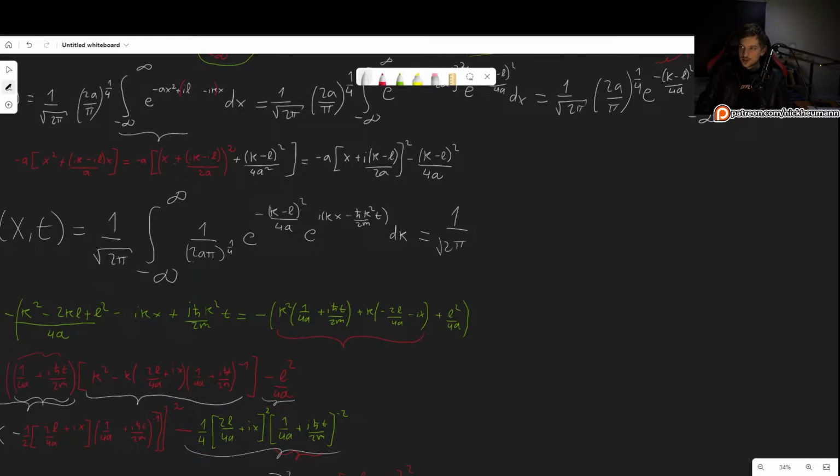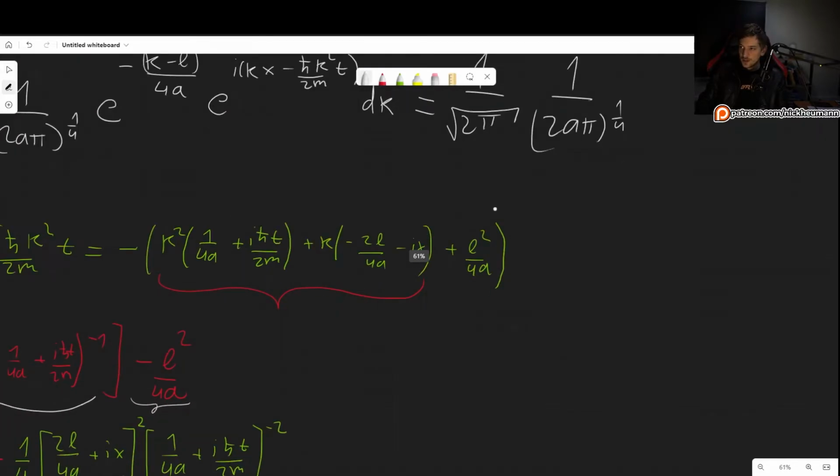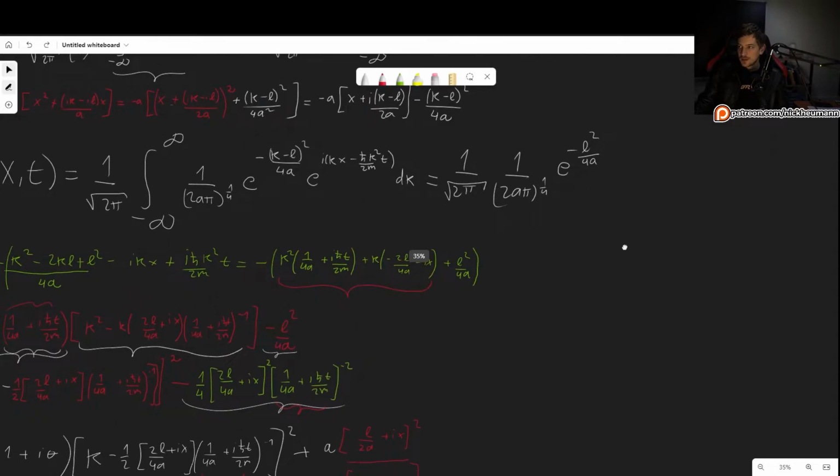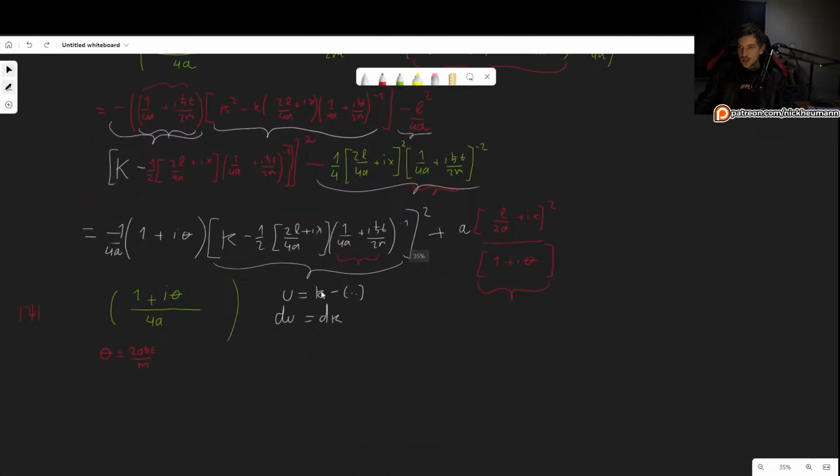So our constants go up front here, 1 over 2a pi to the 1/4 power, and then first we have this constant. Of course, the order doesn't matter, but we have that constant. So we get e to the minus L squared divided by 4a, right? Minus because of this minus over there. Don't forget about it. Then we have this expression down here.